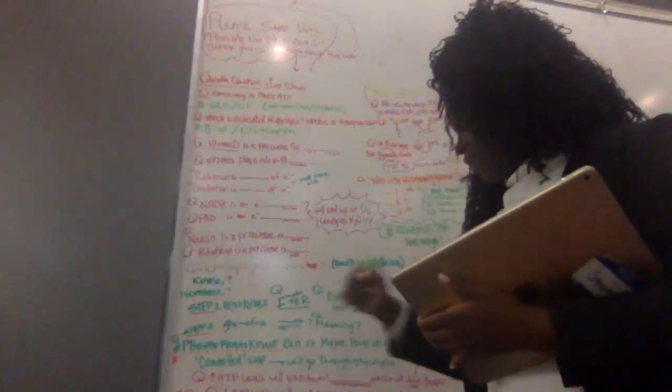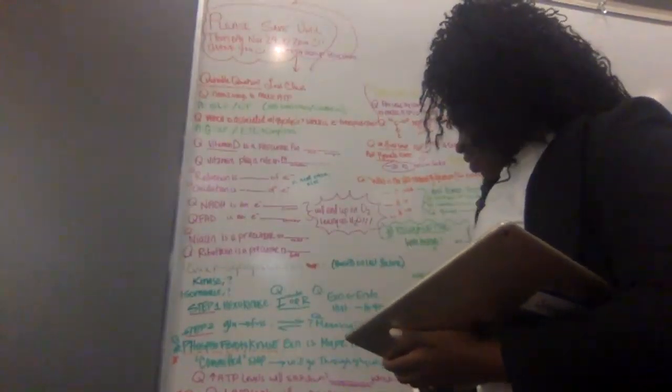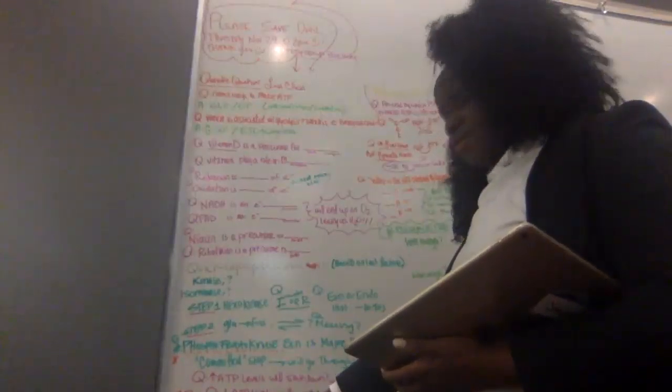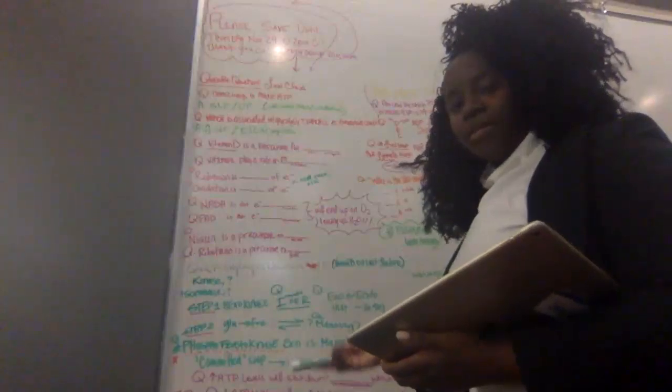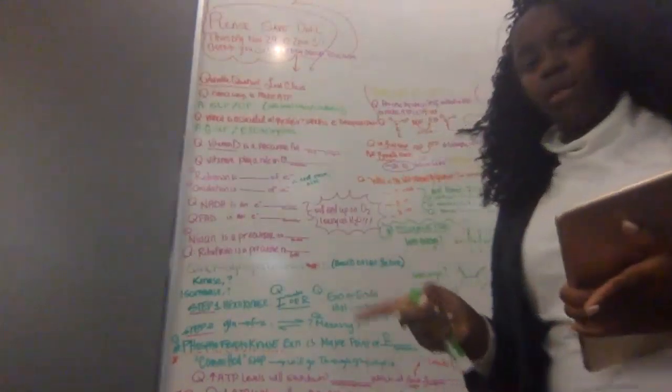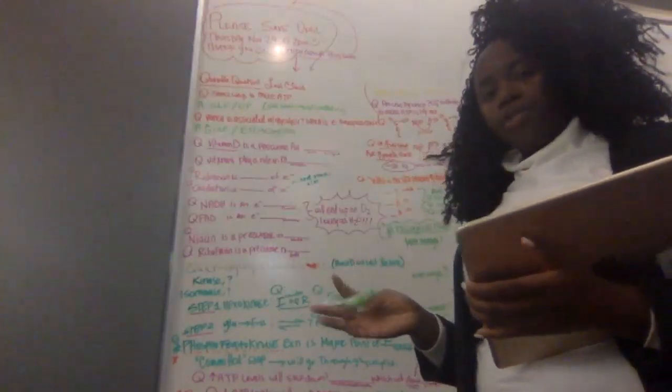Okay, let's move on. Let's talk about the aldolase reaction, okay? The aldolase, or lyase, or splitter, right? I like to think of it as splitting or cutting. This is the reaction that's going to take a long sugar and cut it into two 3-carbon sugars.